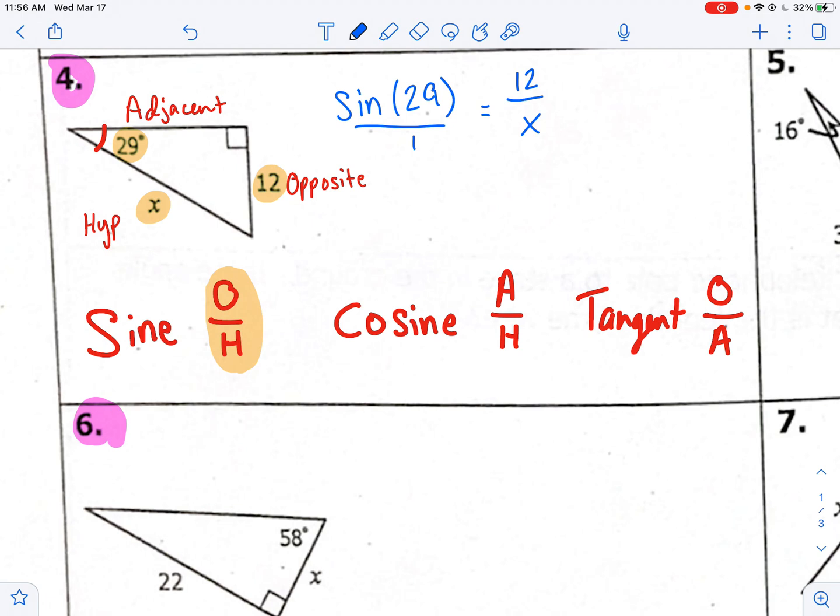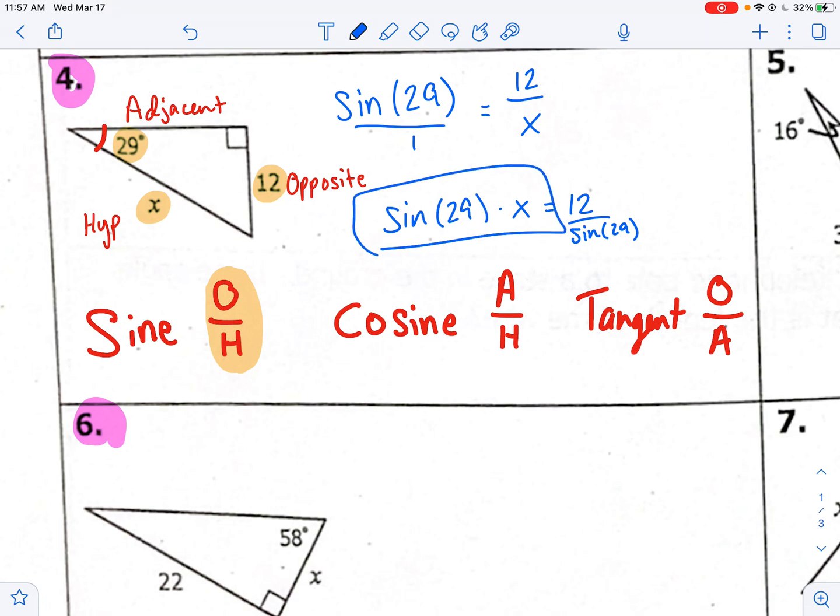Then if we cross multiply, it's sine of 29 times x equals 12 times 1, or just 12. To get x by itself I need to divide by sine of 29, because it's multiplied by x, so I'll do the opposite. Divide by sine of 29 on both sides. Sine of 29 is just some decimal.